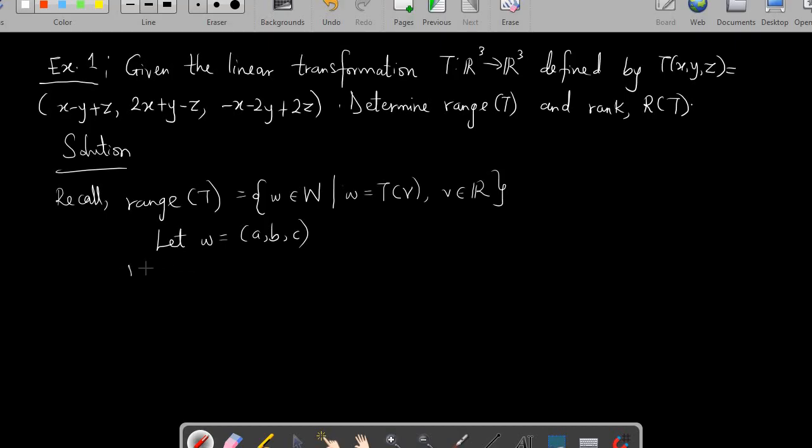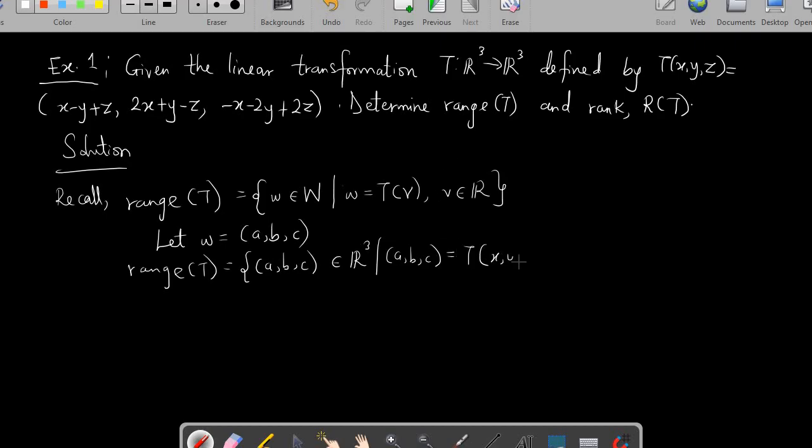After you have done that, your range of T now becomes that ABC that you want to find, and it must be an element of, this time around you won't have W. What's your W in this question? Your codomain is R cube. So you say ABC, which is an element of R cube, such that ABC equals T of V. In this question, your V, which is your domain, is what?